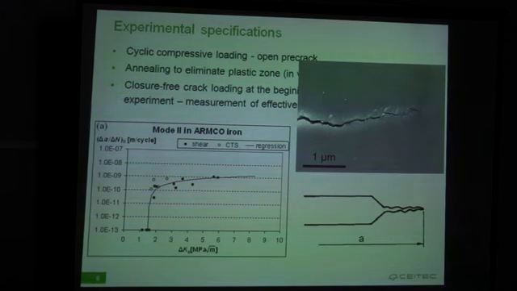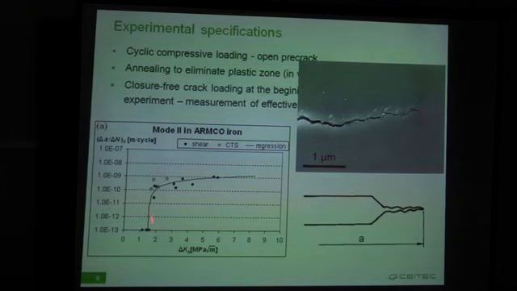After that we applied the pure mode 2 or pure mode 3 experiment. After we applied a certain number of loading cycles in the shear mode, we fractured the specimen and measured the length of the shear mode crack, and we plotted one point on this diagram. So it is 1 point for each specimen. If there was no crack propagation, we are below the threshold, and if there was some crack propagation, we are above the threshold.